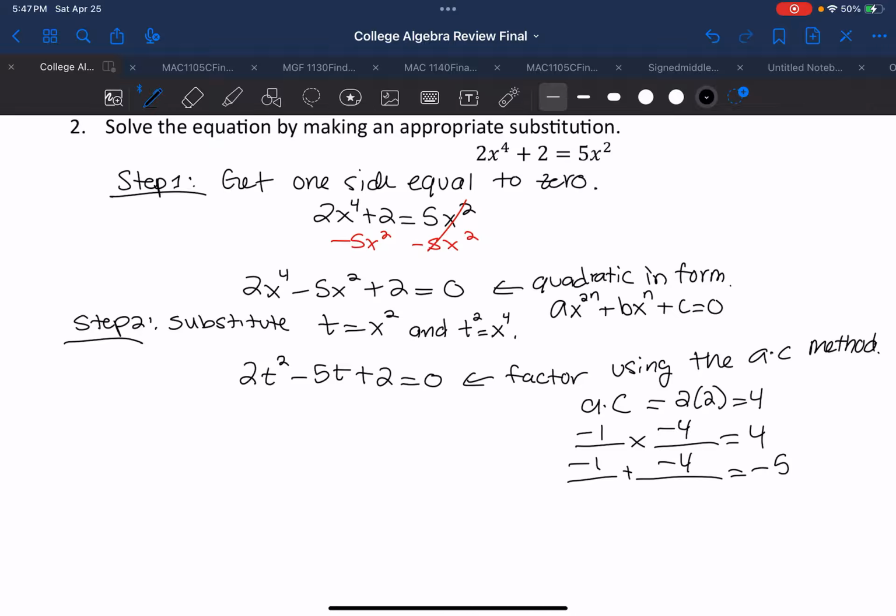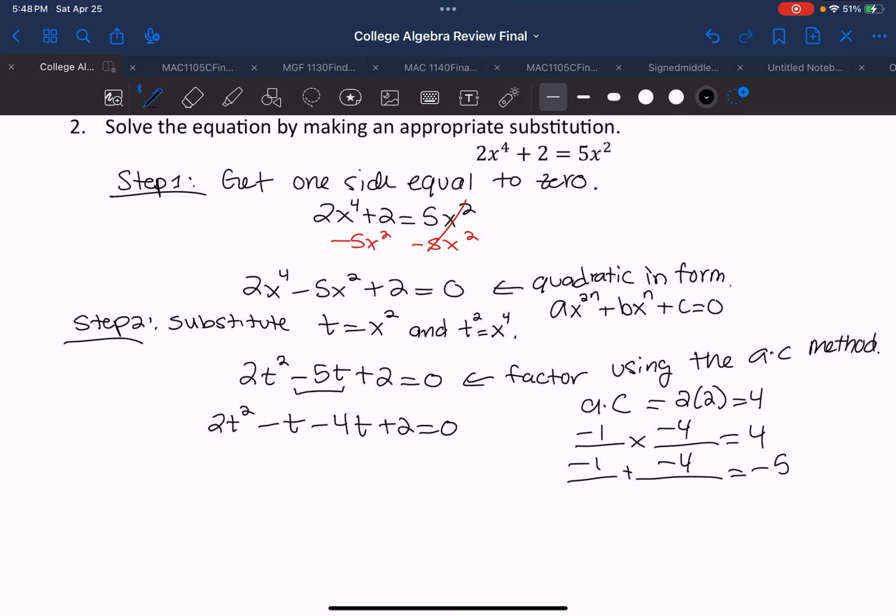So once I found those two numbers, because a is not just equal to 1, I have to replace the middle term here using my two numbers. So this would become 2t squared minus 1t minus 4t plus 2 equals 0.